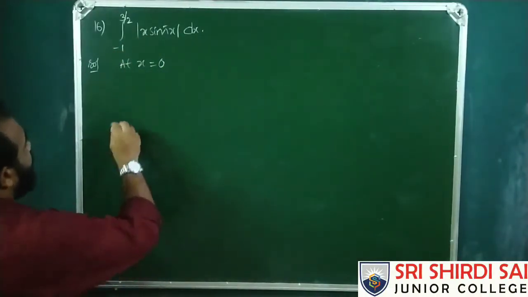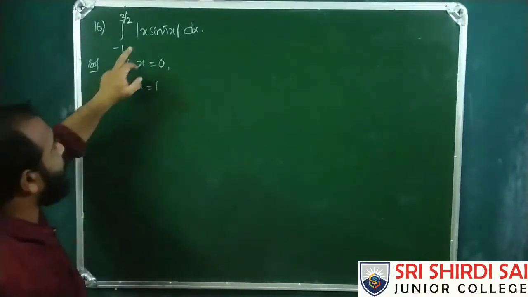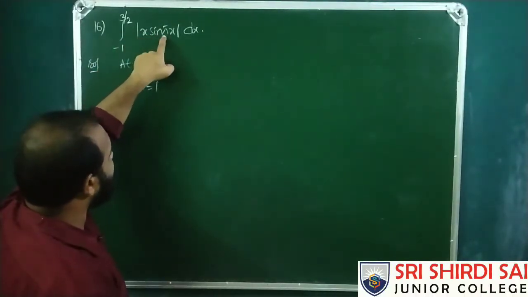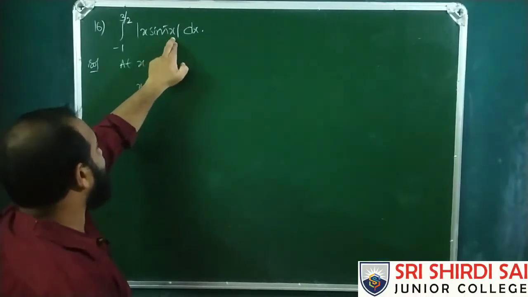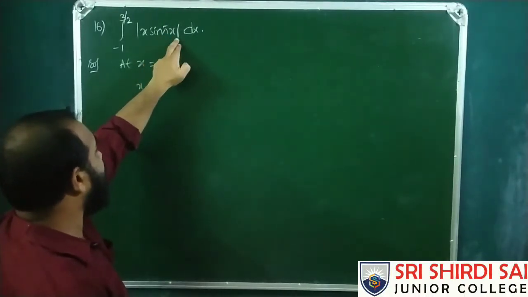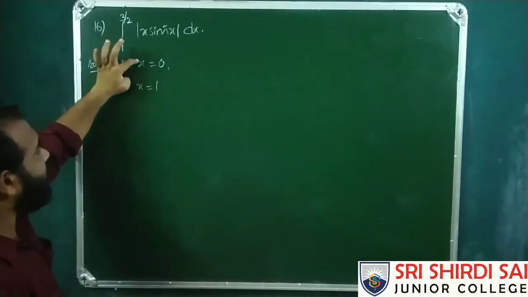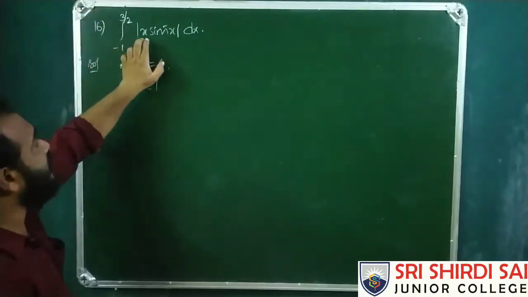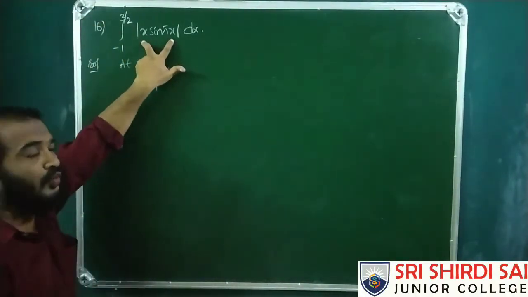At x equals 1 also this value is 0, because 1 into sin pi into 1 is sin pi, and sin pi is sin 180, which is sin(90 plus 90), that is cos 90, whose value is 0. So at x equals 0 and x equals 1, between minus 1 and 3 by 2, the value of this modulus is 0.